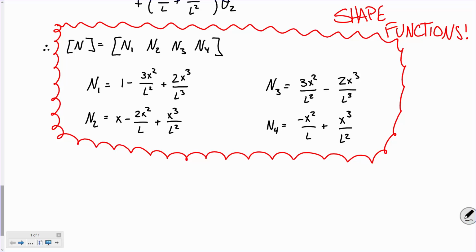Okay, let's do a mechanics discussion. And before I do that, I'm going to put another one of them little stars, only for beams.